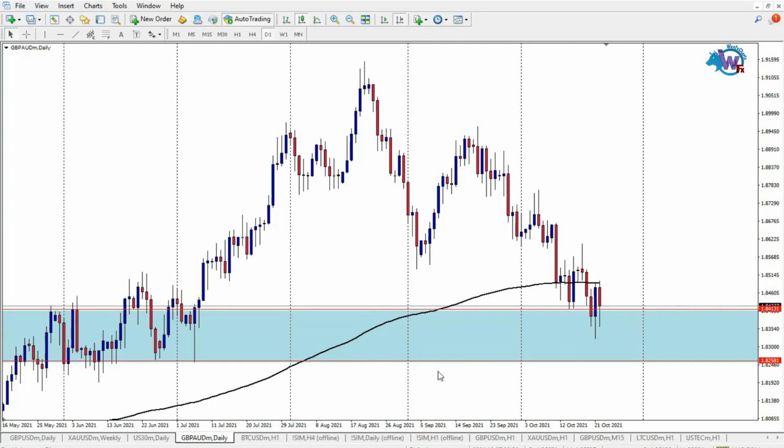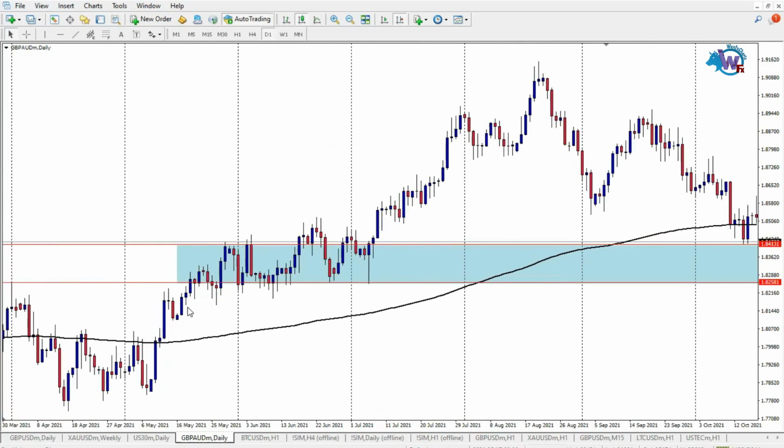So it's telling us that there's still room for the downward move. So I'll be looking out for sales. Then if price still trades above the 1.82 area, then I can now look out for buys. But one thing to note is that the zone entirely extends all the way to 1.8168 area.